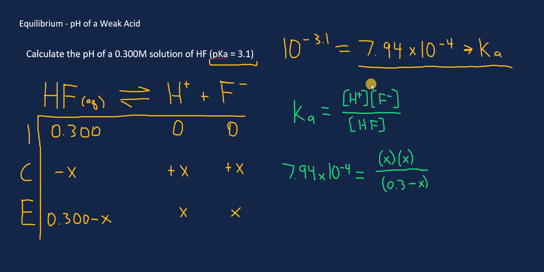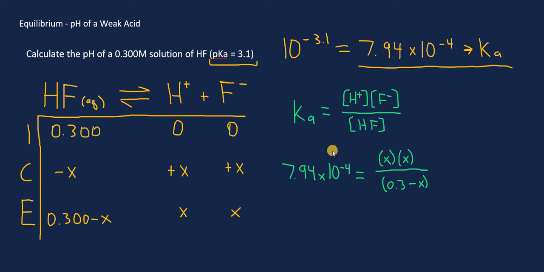So here's the generic equilibrium expression for this reaction, where we have the Ka is equal to the concentration of H plus times the concentration of F minus over the concentration of HF. So if you plug in our values, our Ka is 7.94 times 10 to the negative 4, and that's equal to x times x over 0.3 minus x.